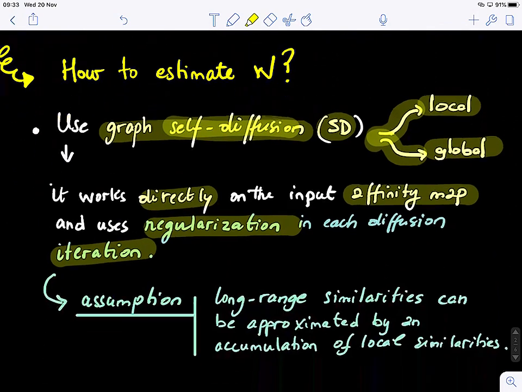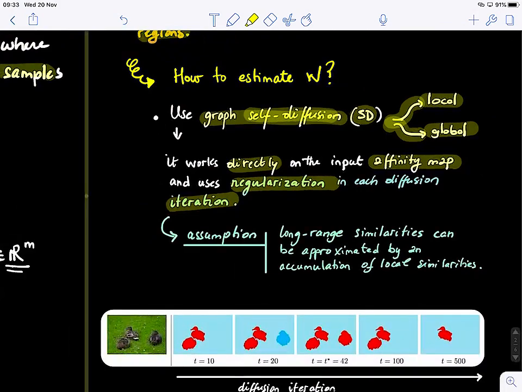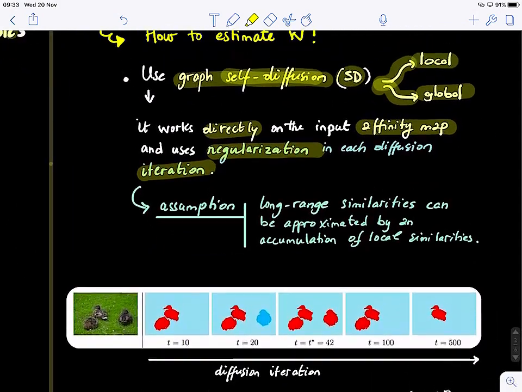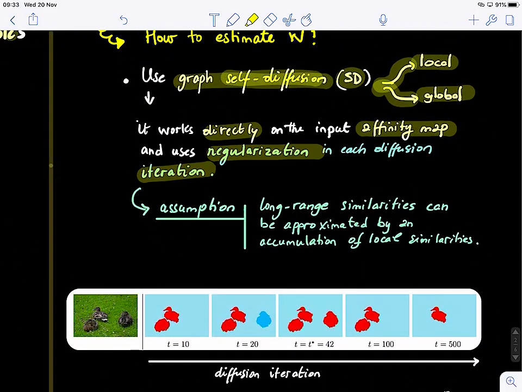Okay, so I'll explain a bit more. What is the main assumption here? Let's look at this nice example. The assumption is that the long range similarities can be approximated by an accumulation of local similarities. And this is because of the propagation, right?